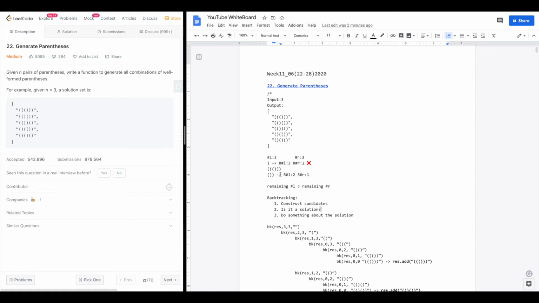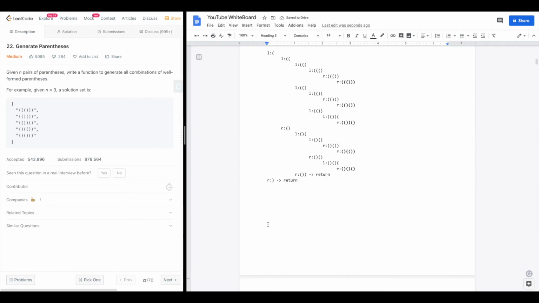We need to add it into our result. The last step is the third step: do something about the solution. We add it to our results.